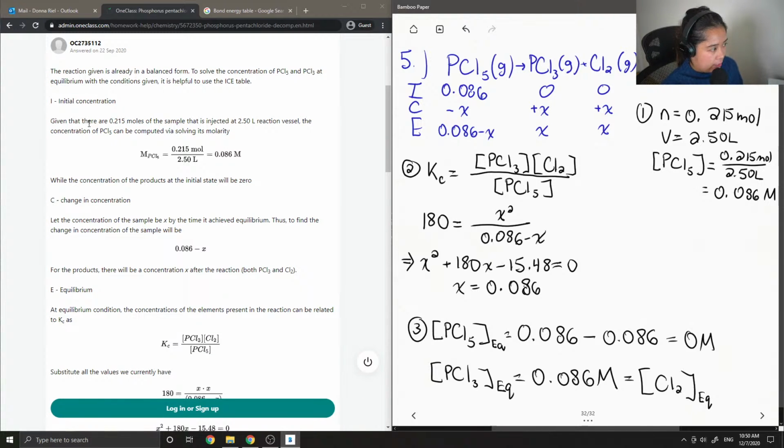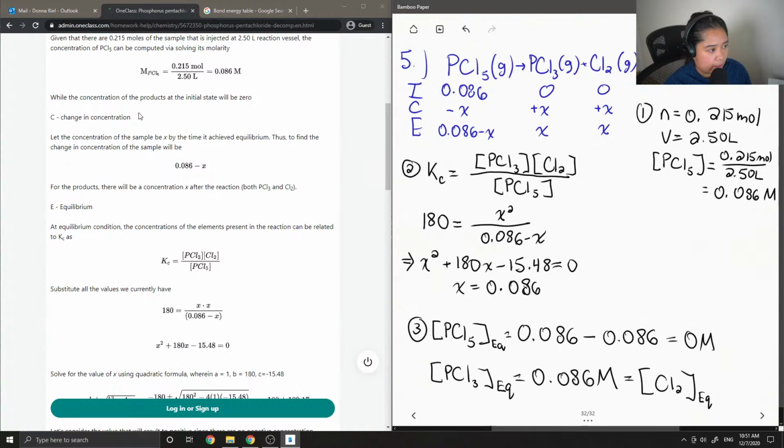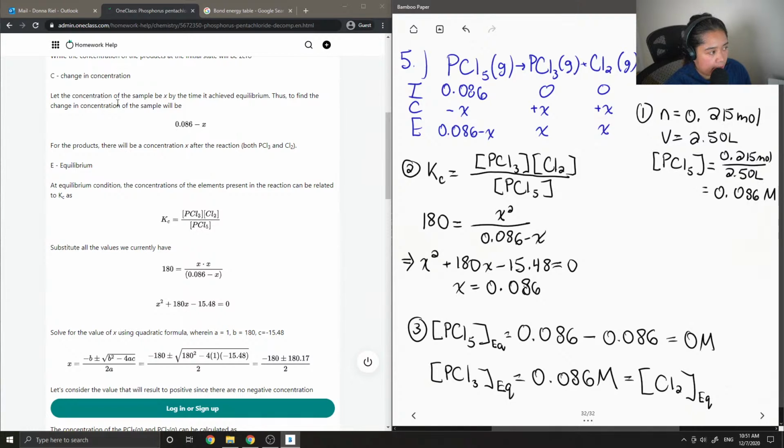For initial, given that there are 0.215 moles of the sample that is injected at 2.5 liters, concentration of phosphorus tetrachloride can be computed via solving its molarity. 0.215 divided by 2.5 liters gives 0.086 moles per liter, while the concentration of the products at the initial state will be 0.